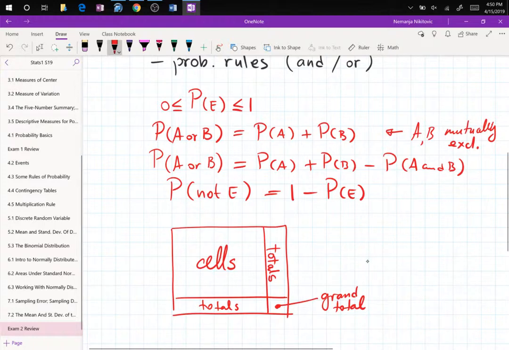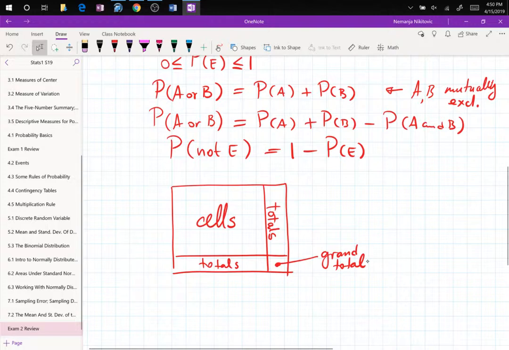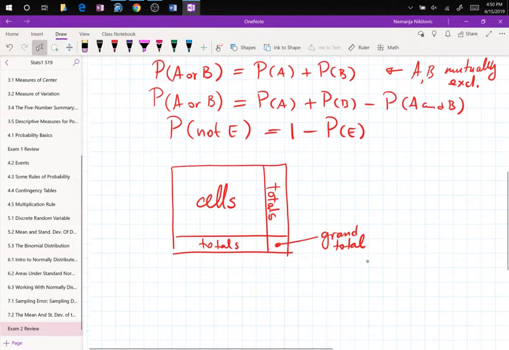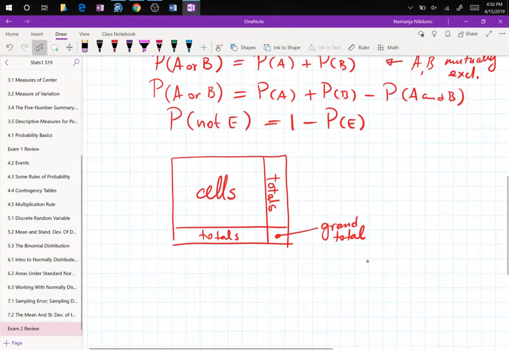So that was the way the chart was given to us. And then we find whatever probability we need. For all of the basic and joint probabilities, your denominator is always the grand total. And then for conditional probability is one of the marginal. Oh, these are called marginal totals.